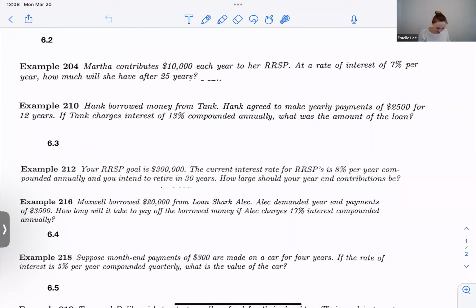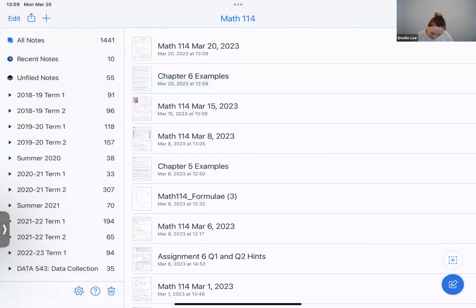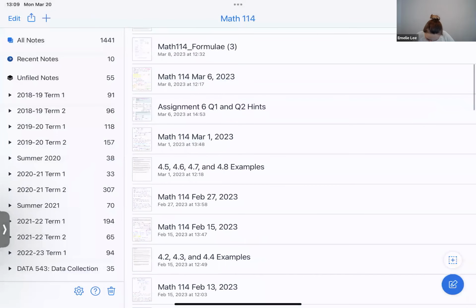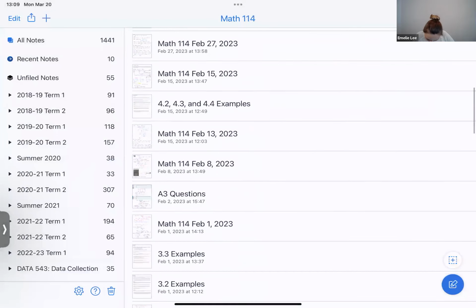Let's do example 213. I just have to find it because it's not in that printout.